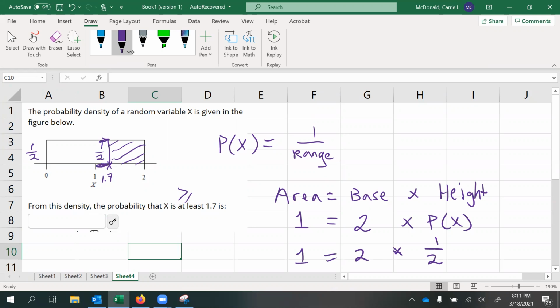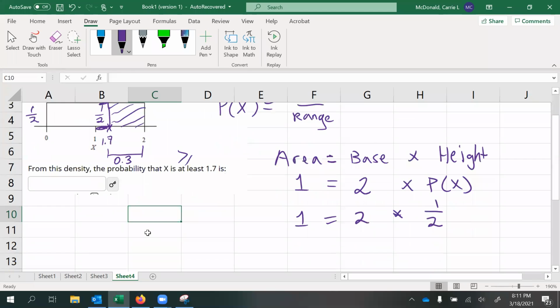So when we're looking to find the area of this rectangle, we'll need this base, which is 2 minus 1.7, so that would be 0.3, and we're going to multiply that times 1/2 to get our answer of 0.15.